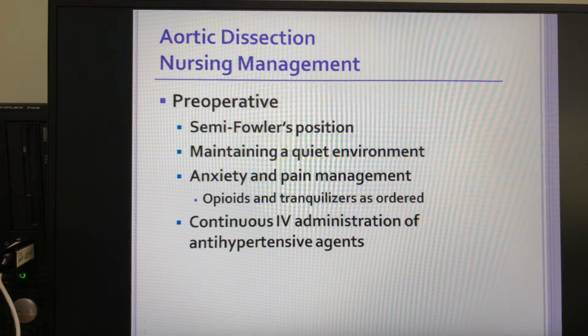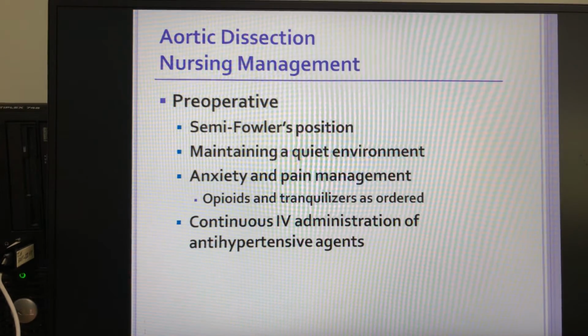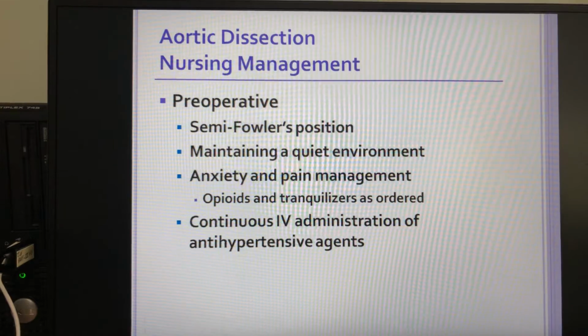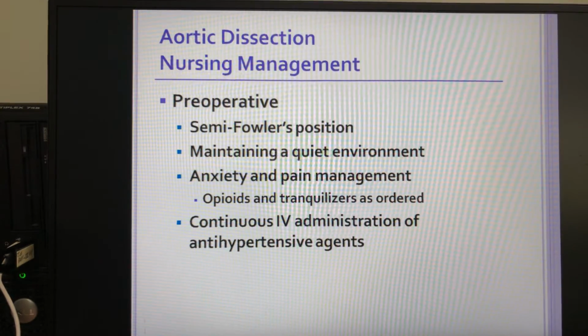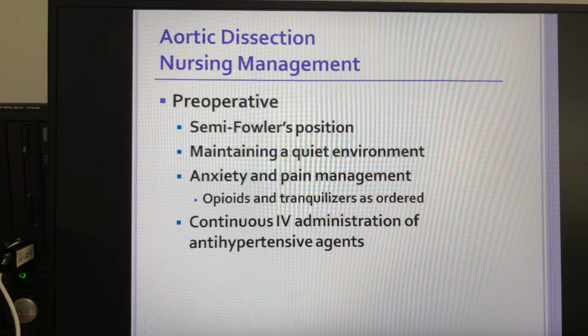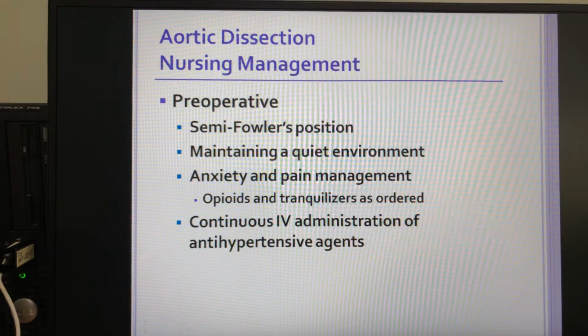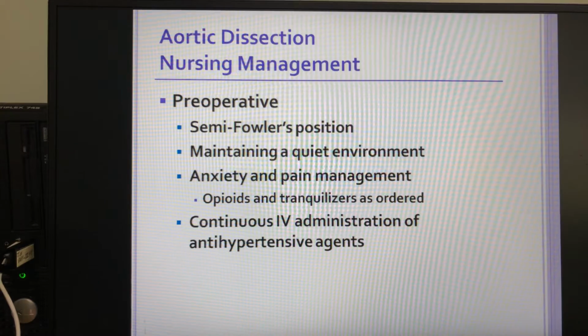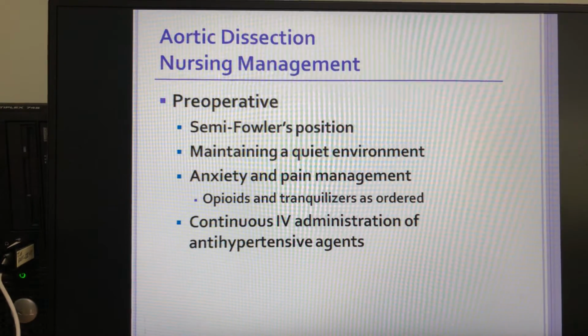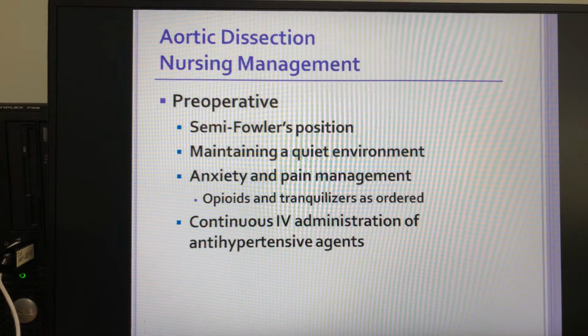So again, we want to keep them in a semi-Fowler's position and maintain a quiet environment. We want to relieve any anxiety and pain by using opioids and tranquilizers as ordered. You may use a benzodiazepine such as Ativan for the anxiety, and morphine for the pain management, and continue IV administration of any antihypertensive drugs.